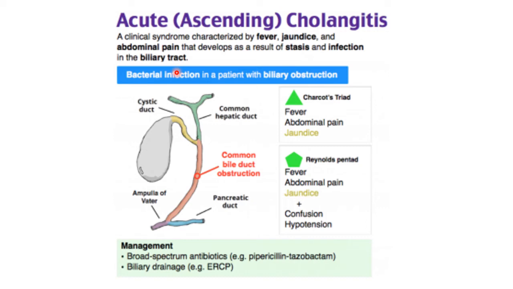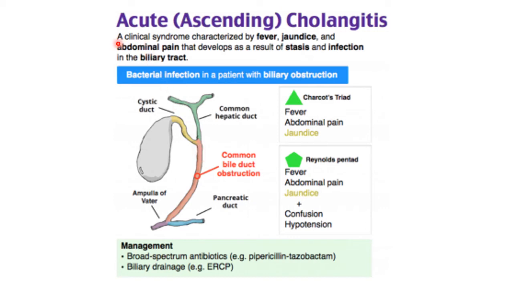You can see here a complication of the bile duct being obstructed by a stone in the common bile duct, resulting in dilatation of the proximal ducts and leading to infection known as cholangitis.